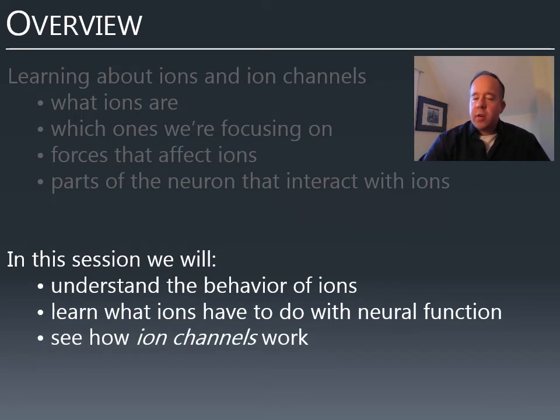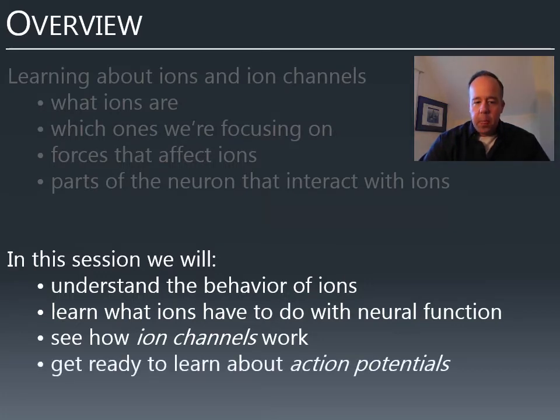And again, the parts of a neuron that work with ions are called ion channels. So we're going to see how those work. They're like little machines. And so we'll look at these little machines and see what they do and try to understand why they do what they do. And this is all going to get us ready for next time, where we'll talk about action potentials. And action potentials are the electrical signals that neurons send.